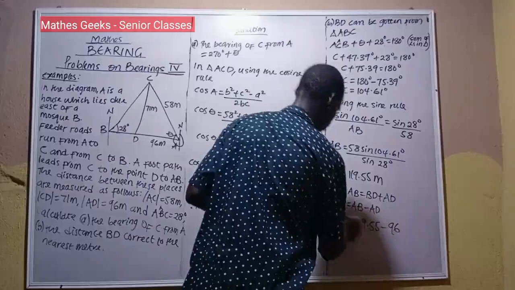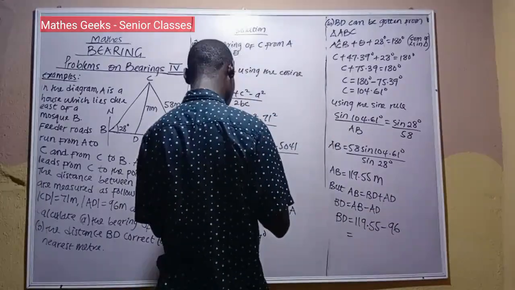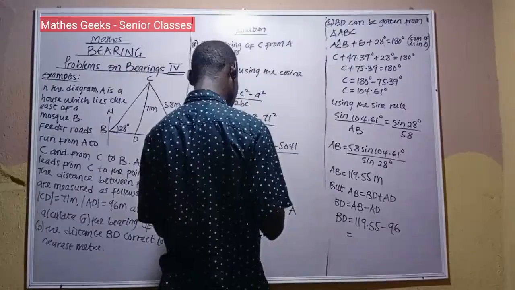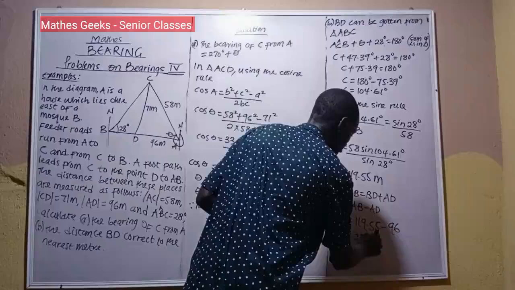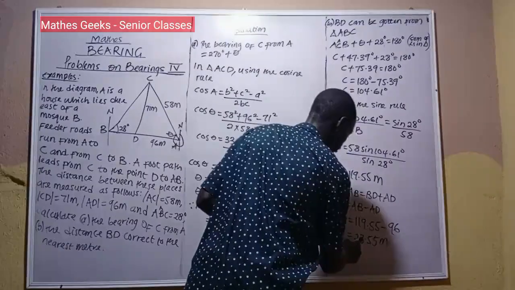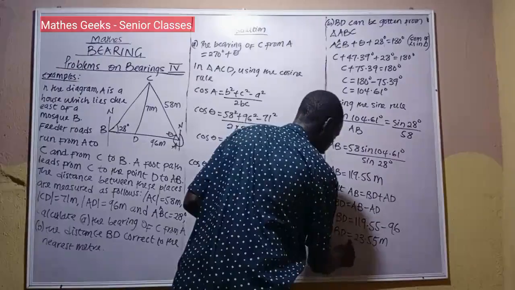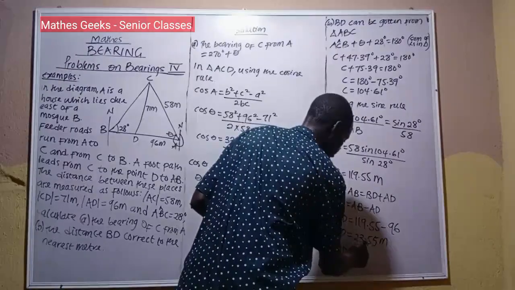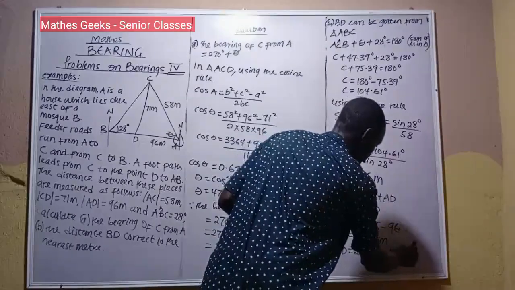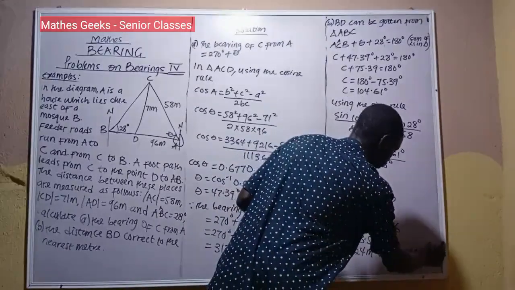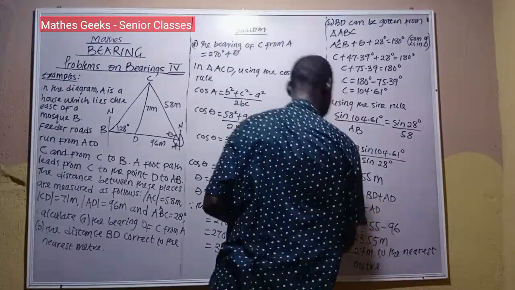This will give us 119.55 minus 96, 23.55 meters. But BD to the nearest meter, therefore BD is equal to 24 meters.